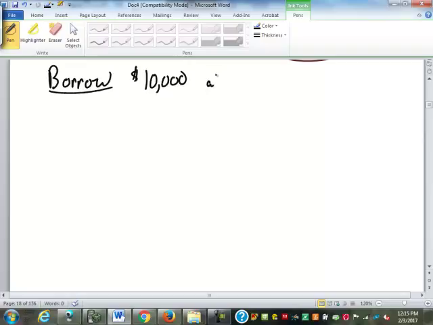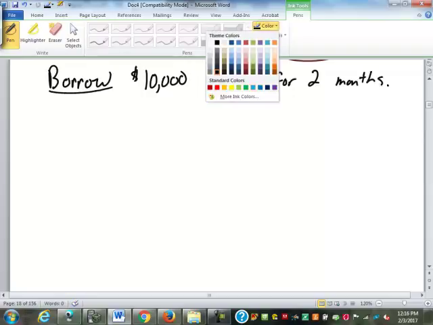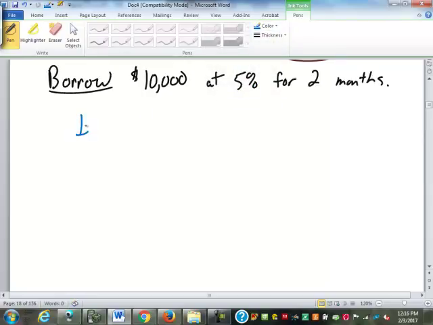$10,000. So they're charging me 5% for 2 months. I'm just using 2 months so it keeps it a little simpler here. So the amount of interest I'm going to pay here is $10,000 is my principal. 0.05 is my rate, 5% written as a decimal. 2 months is 2 over 12.